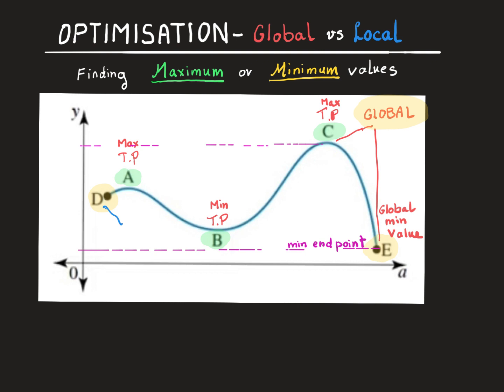And D, A, and B are considered to be local. So we've got a local value endpoint, a local maximum turning point A, and a local minimum turning point B. These terms needed to be revised because optimal maximization may occur either at a turning point or, for that matter, at an endpoint.